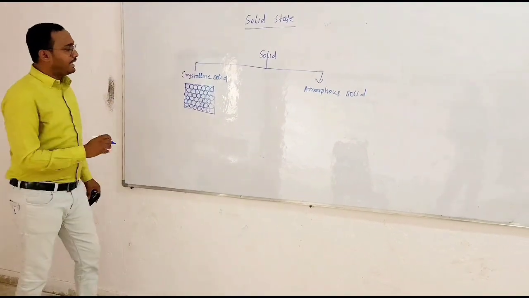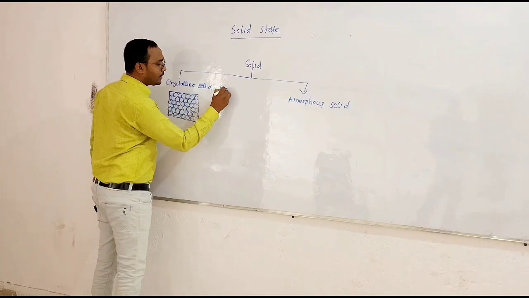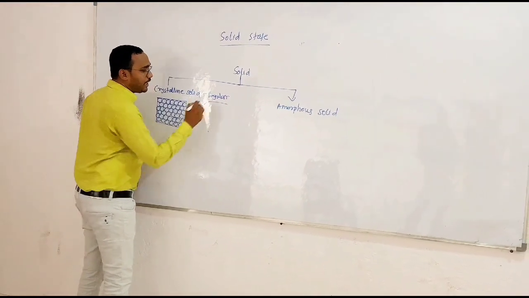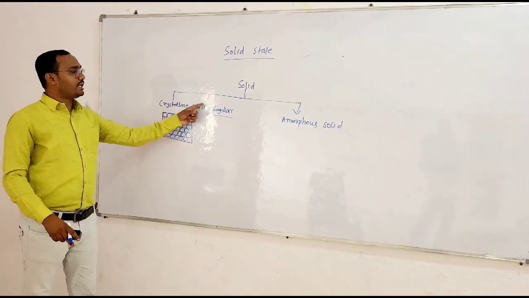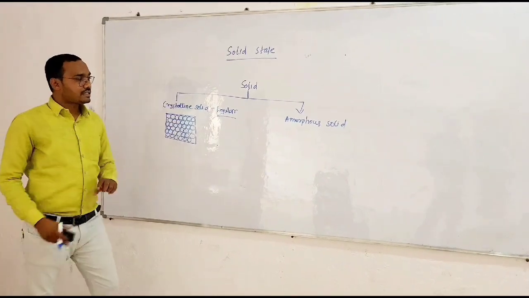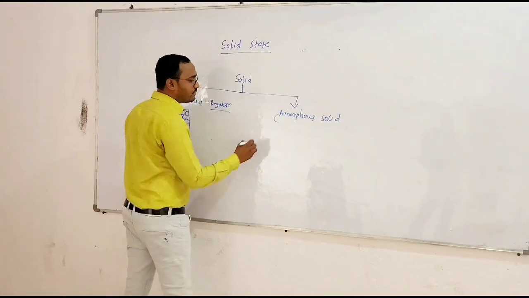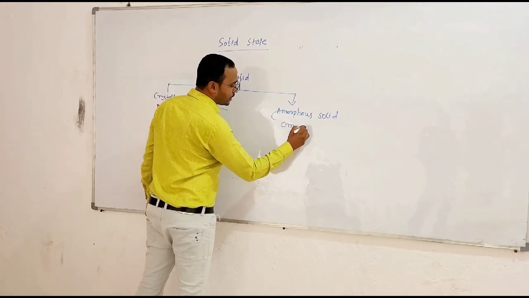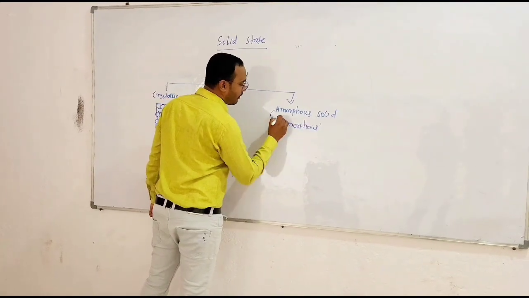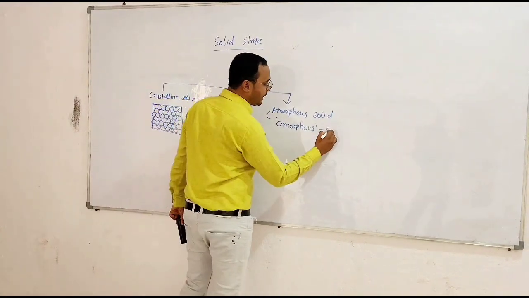So arrangement of particle in crystalline solid is regular. Then we classify that solid as a crystalline solid. Amorphous is a Greek word. Amorphous means shapeless.